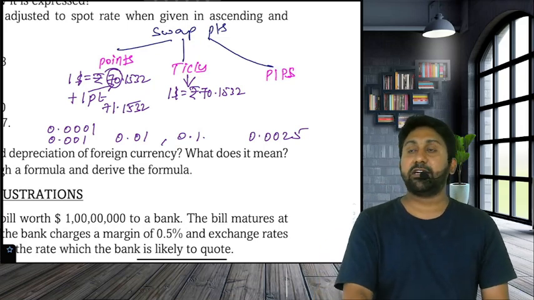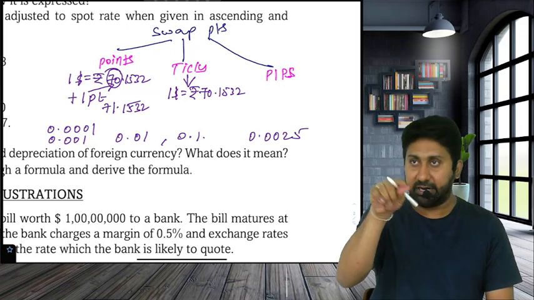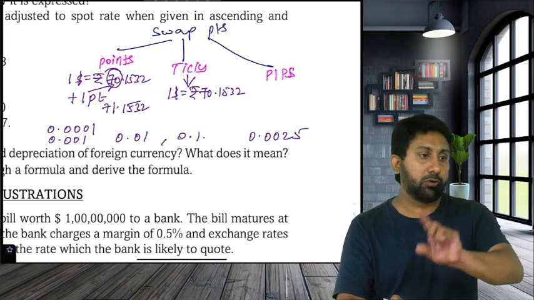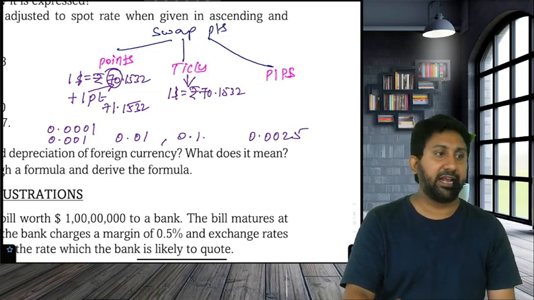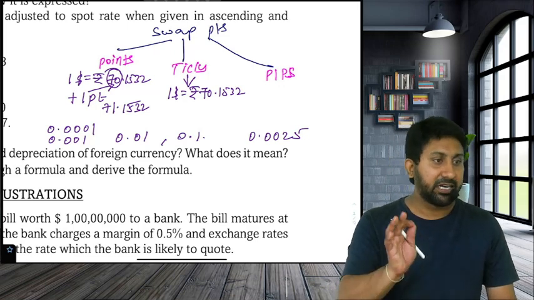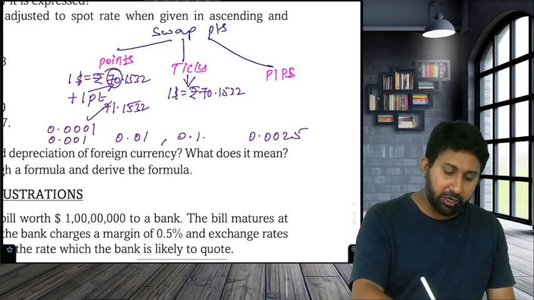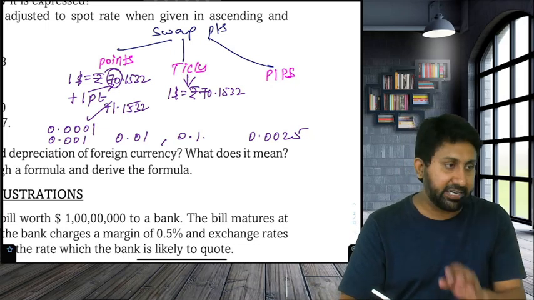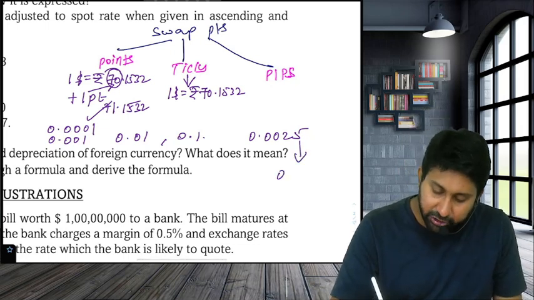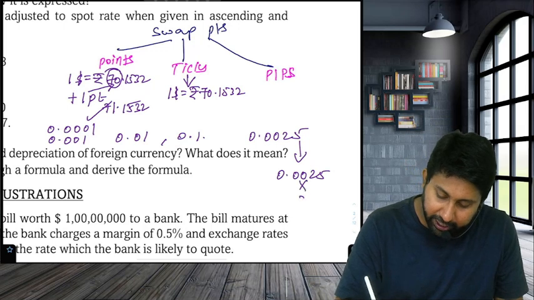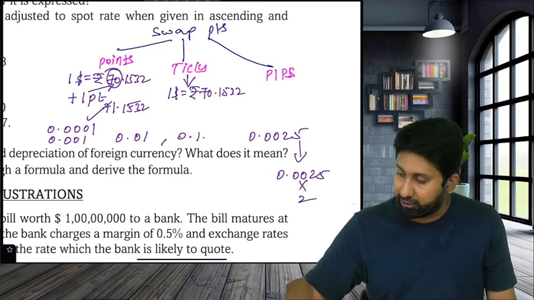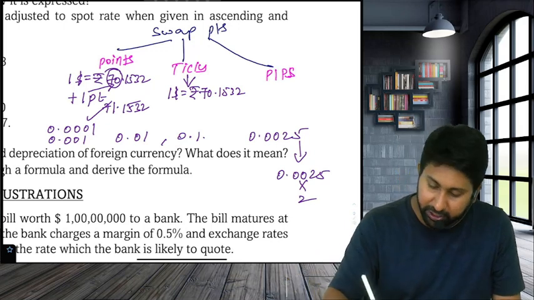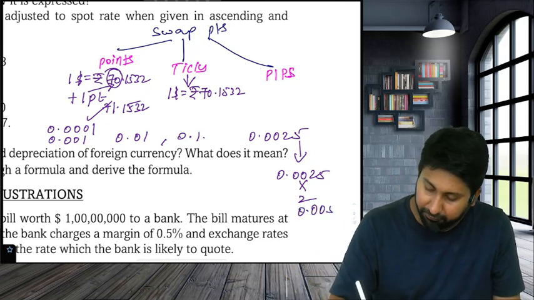Ticks are always denominated in lot size type. 1 tick equal to 0.0001, like that they will tell. In most of the problems, ticks will come. For example, if I tell there is a change of 2 ticks, what do you mean by 2 ticks change in this case? 0.0025 into 2 means how much? 0.0050.